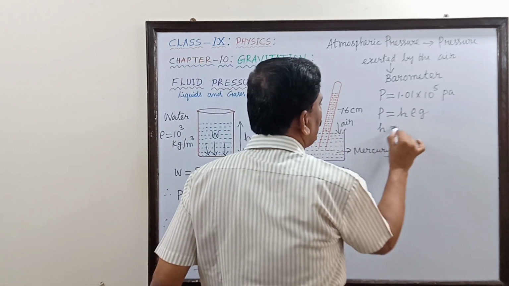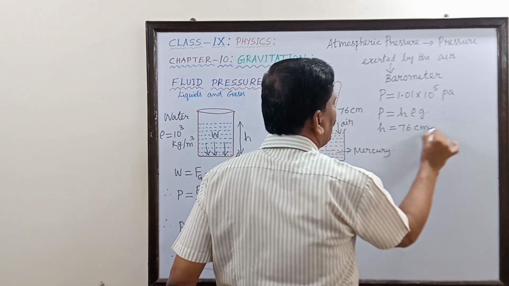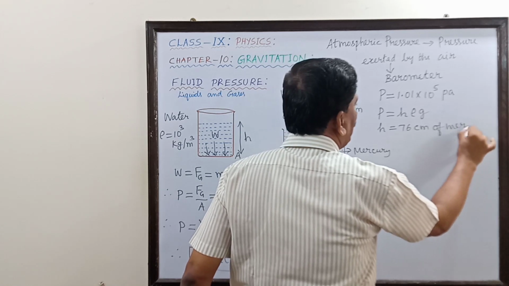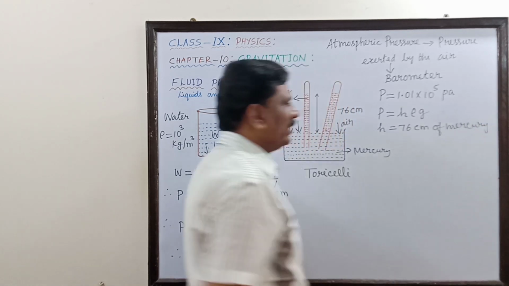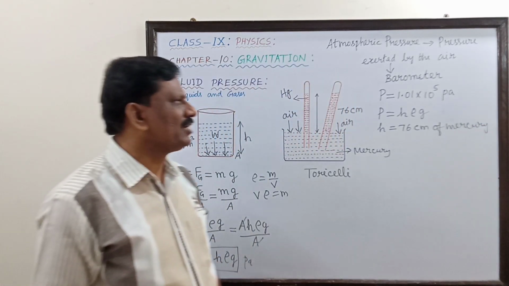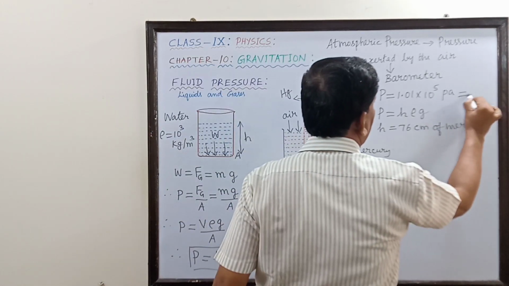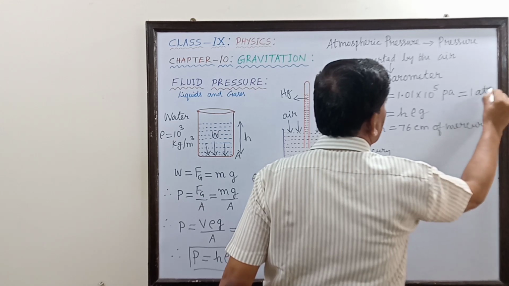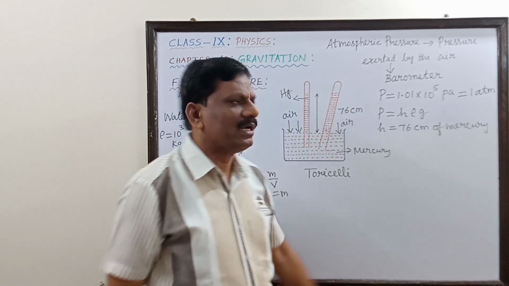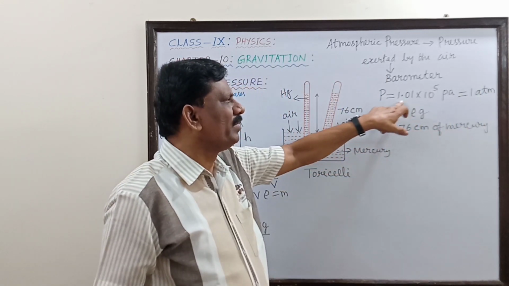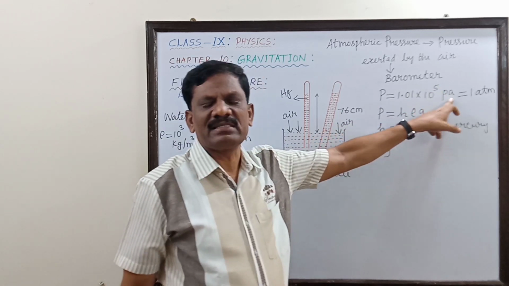Here the height is equal to 76 centimeter of mercury. So what is the atmospheric pressure value? If they ask, it is 1 atmosphere. So this value only is called 1 atmosphere. 1 atmosphere is also equal to 1.01 × 10^5 pascals.